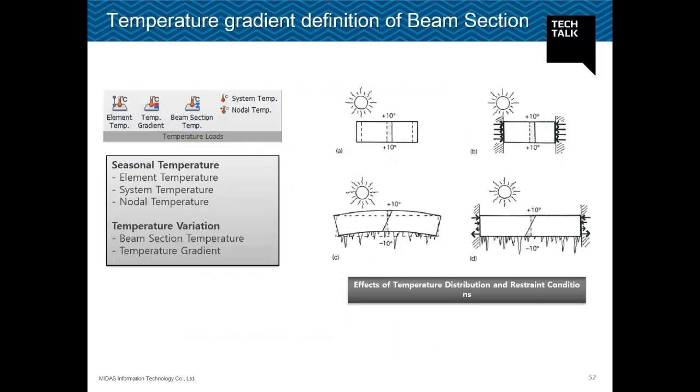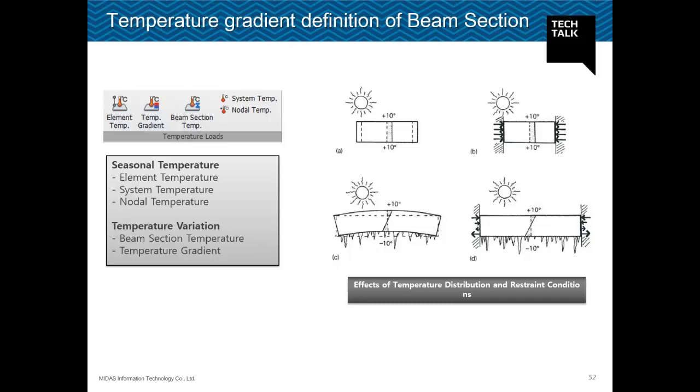In analyzing the bridge, it is necessary to define the temperature load according to the Eurocode. Seasonal temperature and temperature gradient is a feature available in MIDAS Civil. Seasonal temperature is a feature that can be applied collectively for the entire bridge or for selected elements.